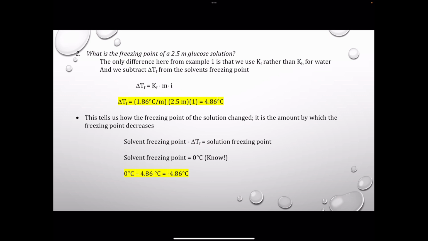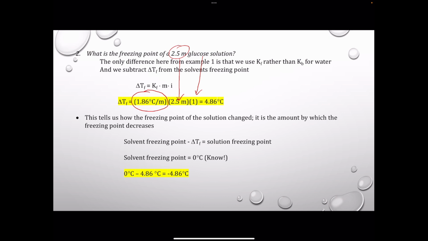It's delta T equals K times m times i. This time we're plugging in the Kf value, the freezing point depression constant for water, which is 1.86. Again, this is a constant. It was given to us in a previous slide. The concentration, again, is this 2.5 molal concentration. And we've already said glucose is a non-electrolyte, so its i value is 1.